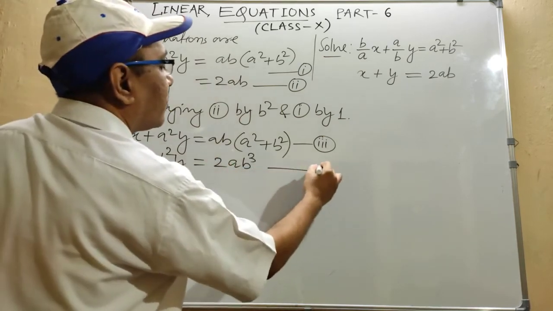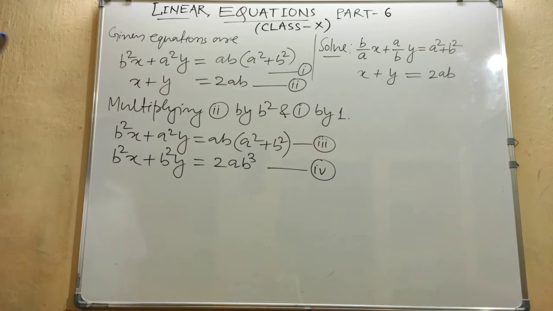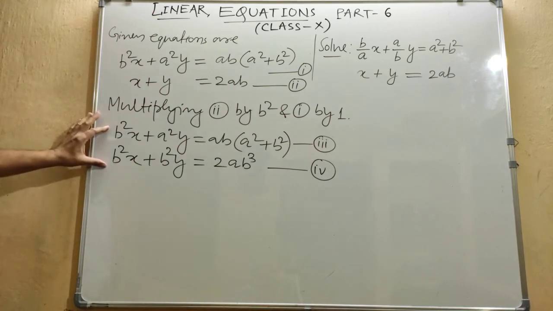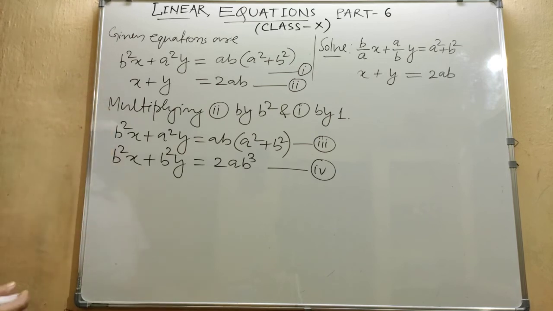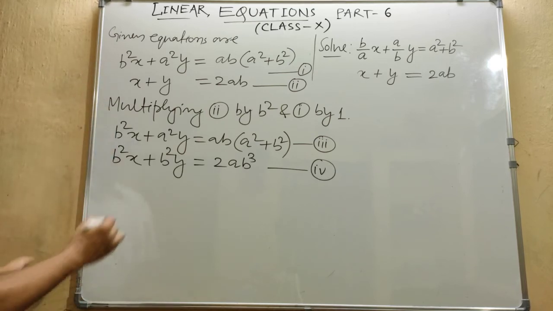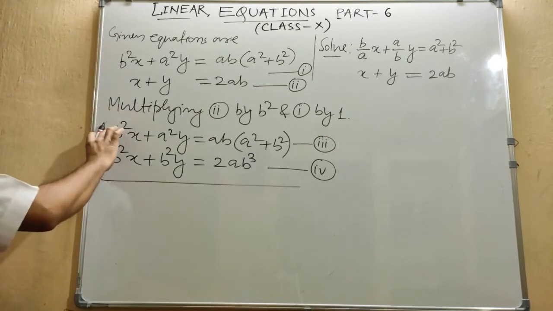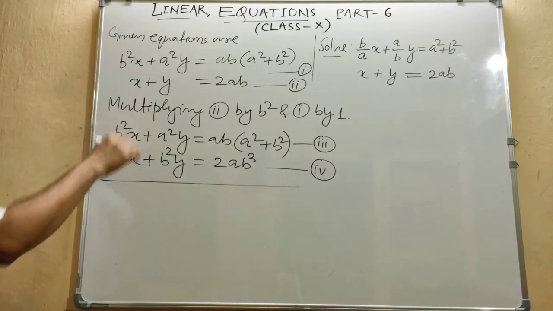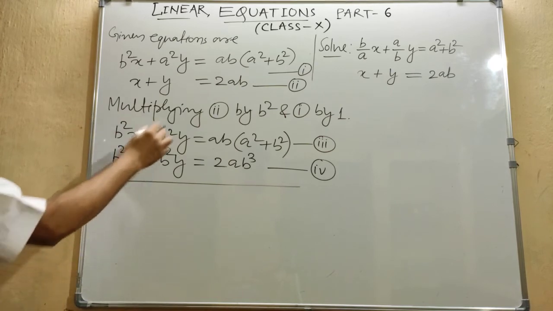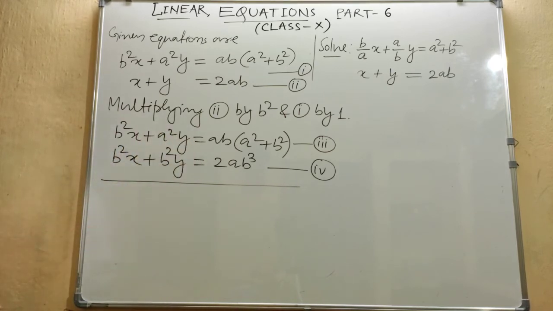Take it as equation number 4. Now see, the coefficient of x is the same. This is our purpose. Now if the coefficient of x is the same and you subtract, the x term can be cancelled, then y can be calculated from the remaining things.